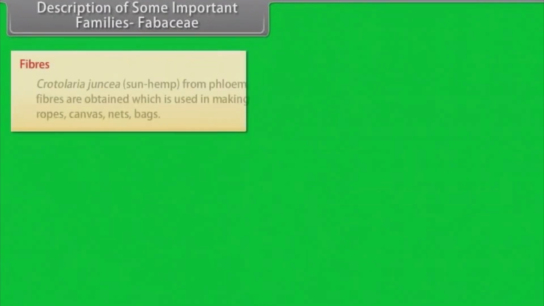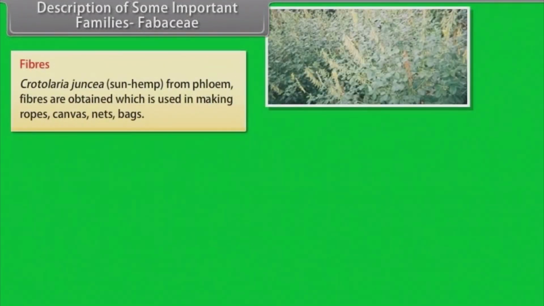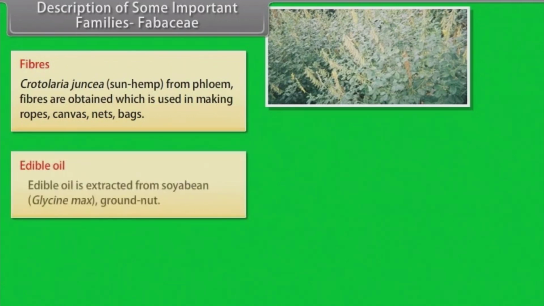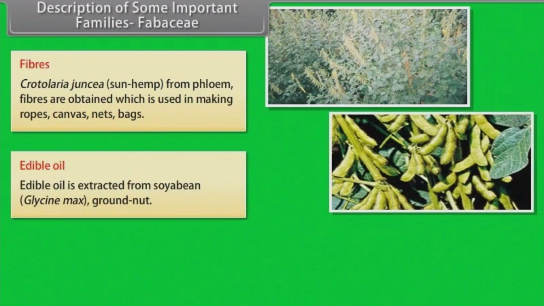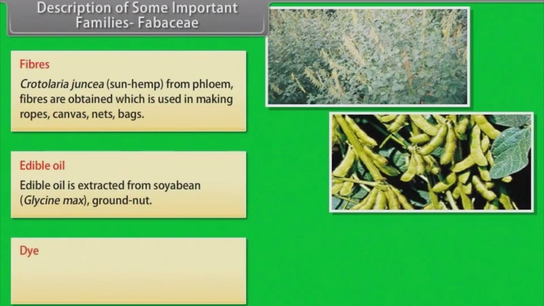Fibers. Crotalaria juncea, sunhemp, from whose phloem fibers are obtained, which are used in making ropes, canvas, nets, bags. Edible oil. Edible oil is extracted from soybean, Glycine max, and groundnut. Dye.